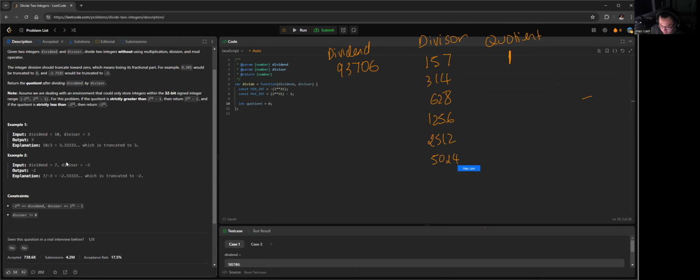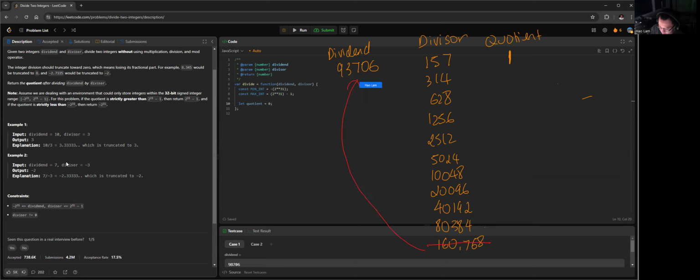Multiplied by 2 again, we have 10,048, then 20,096, then 40,192, then 80,384. And then we multiply one more time, and we have 160,768. So this number is too large, so we just ignore it.